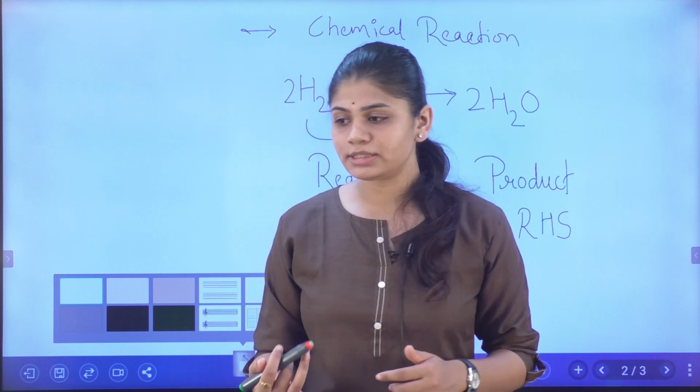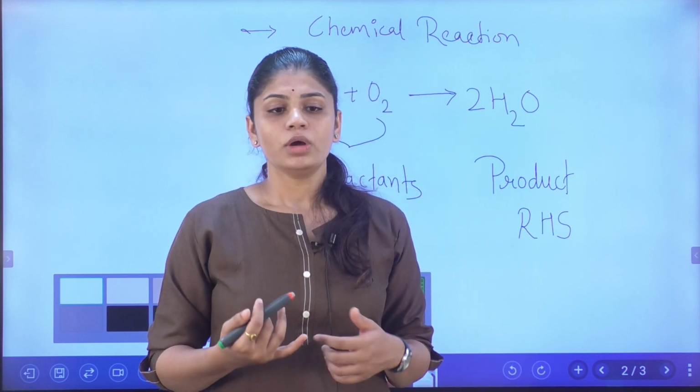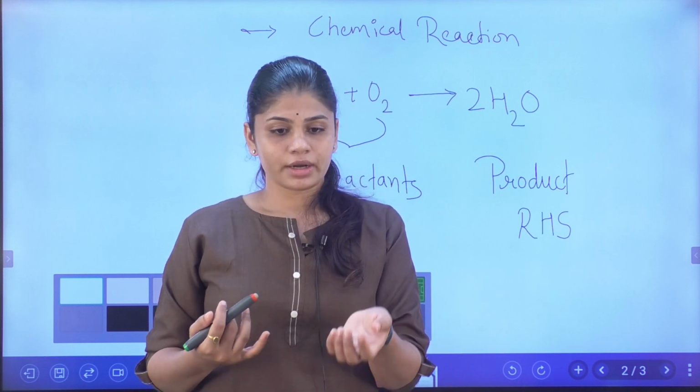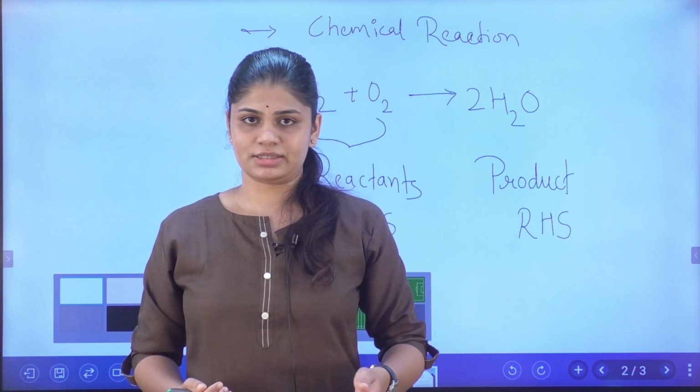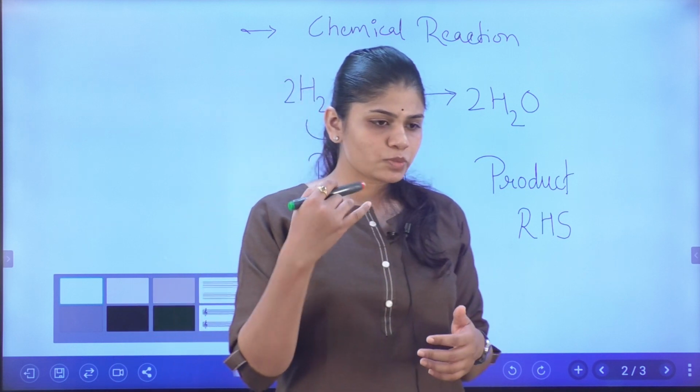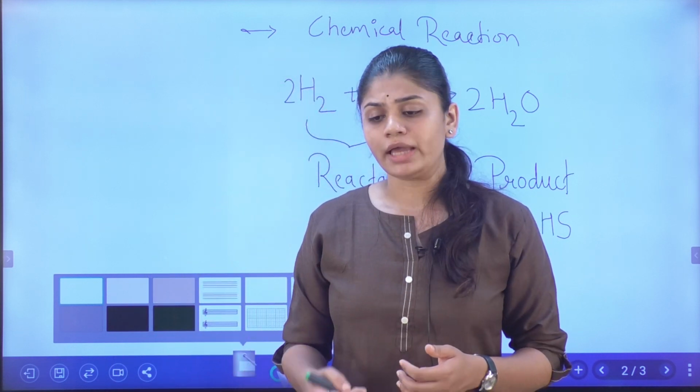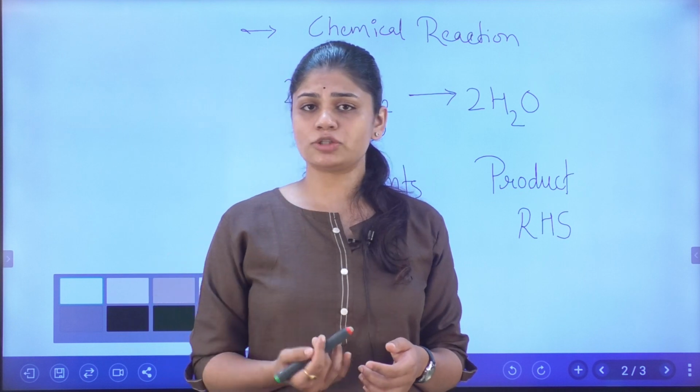How to know whether this is a chemical reaction or whether this is something else? It is very easy to identify whether a chemical reaction is taking place or not.